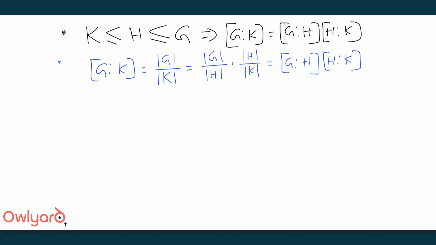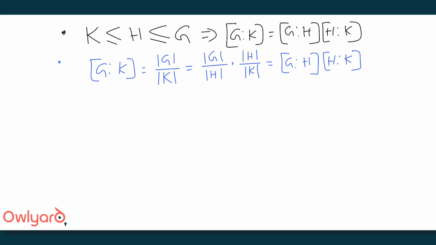Otherwise, dividing by the order of a subgroup doesn't make any sense. But the main point of this proposition is that the multiplicativity of these indices will hold true even if your groups are infinite.